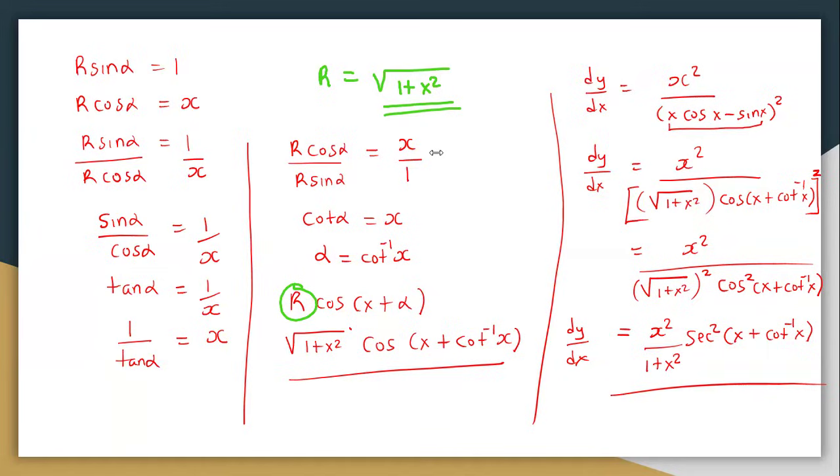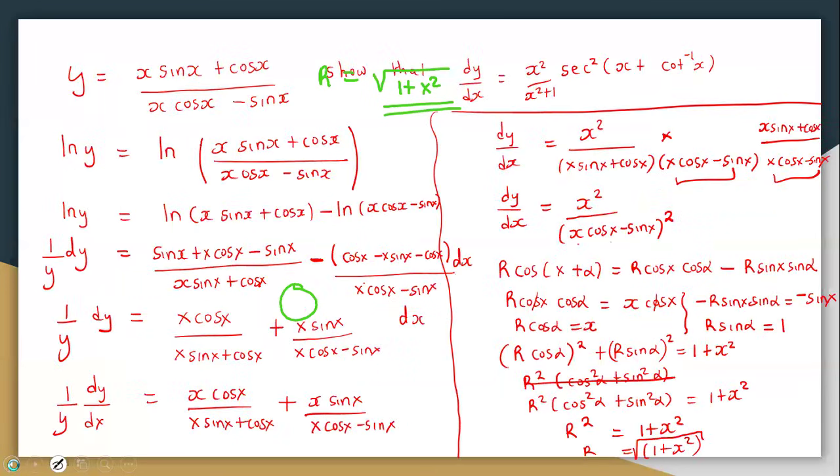Which r? Jimmy, I'm not getting what you are saying about the r. Yes, Jimmy. Master, can you go back to the previous slide? There where we have dy dx is equal to x squared, then out of x cos x minus sin x squared all squared.